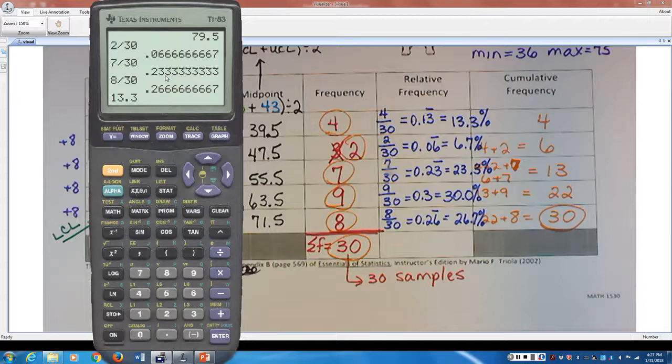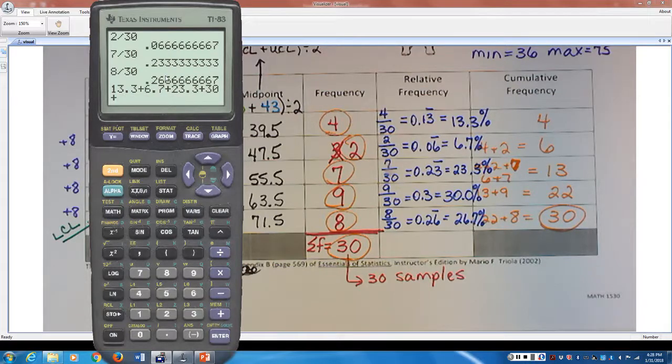So the next decimal place is not more than 5, so you just throw away the rest of the decimal and keep the 3. So we have 13.3 plus 6.7 plus 23.3 plus 30 plus 26.7, and we add it up and it says it's 100%.